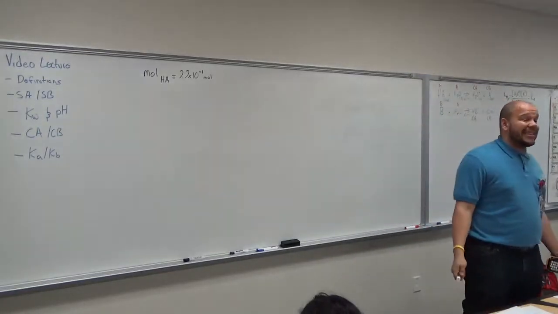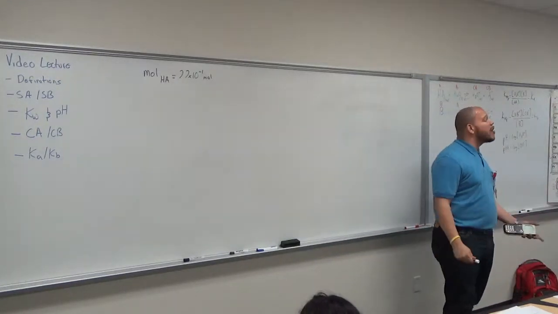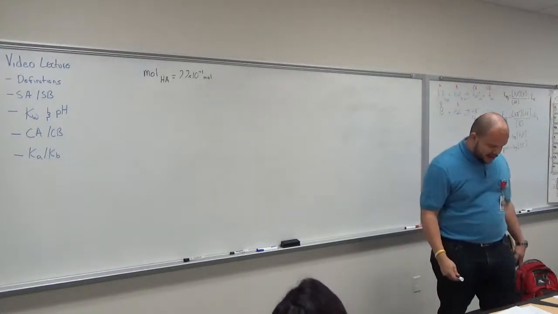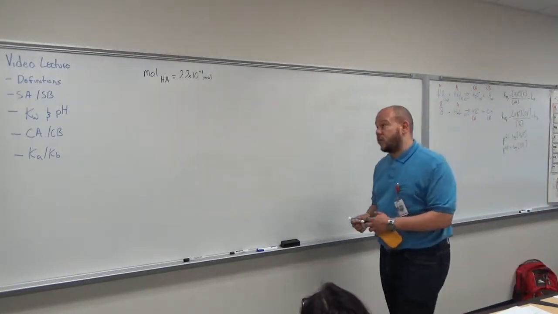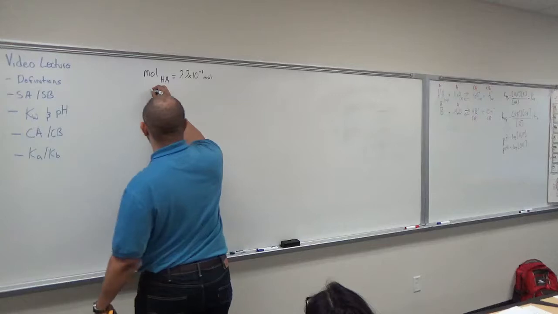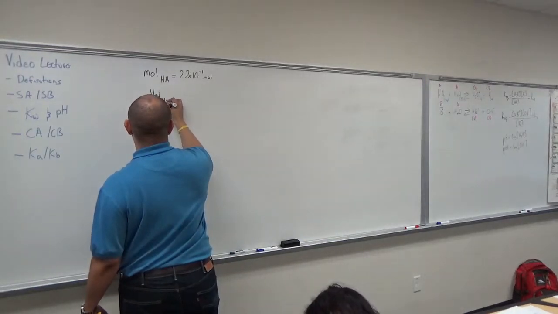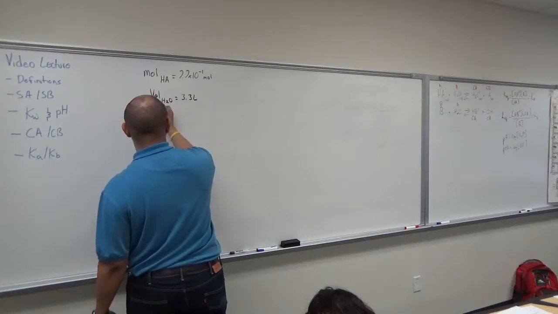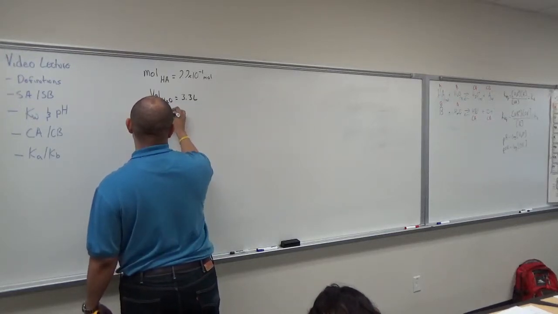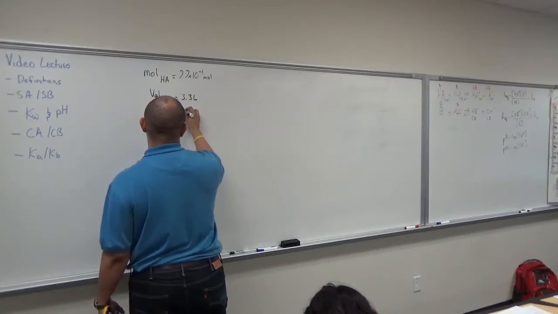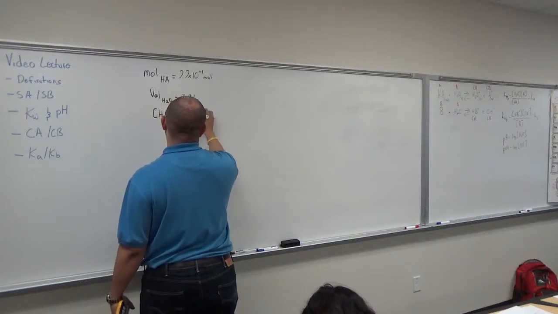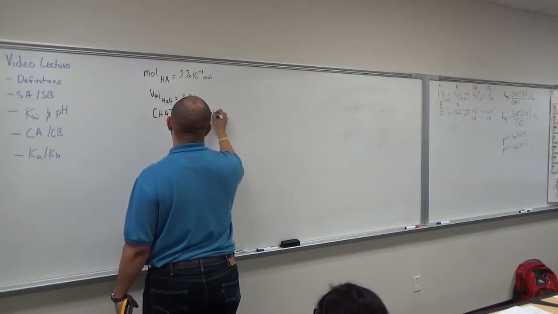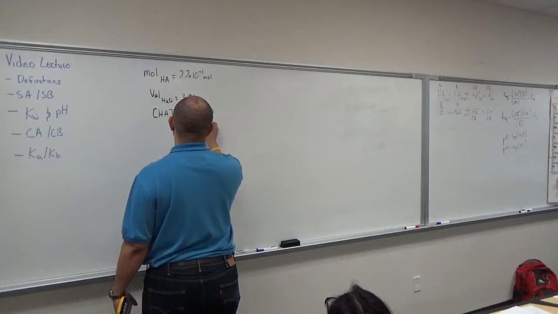If we don't know what the acid is, then we can't go to our reference materials and get the Ka. They tell us that it's dissolved in 3.3 liters, so we got volume of H2O is equal to 3.3 liters.